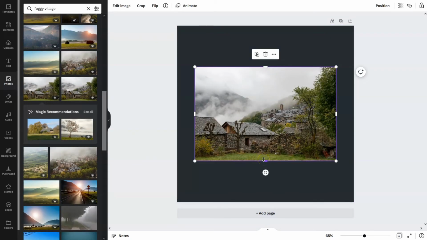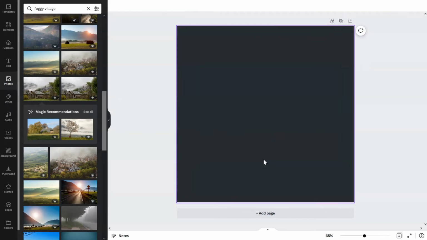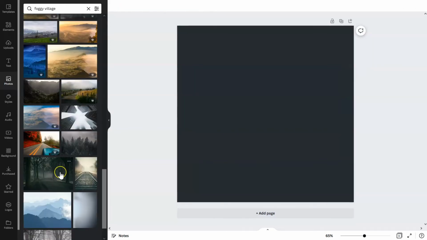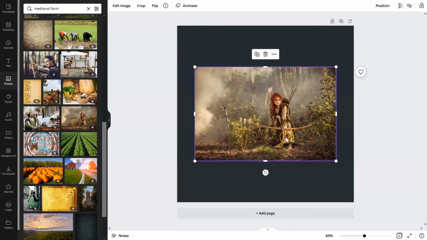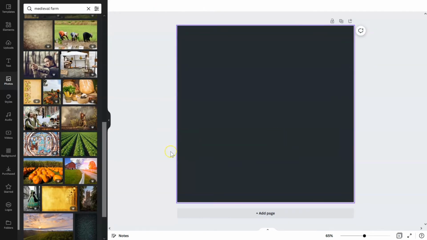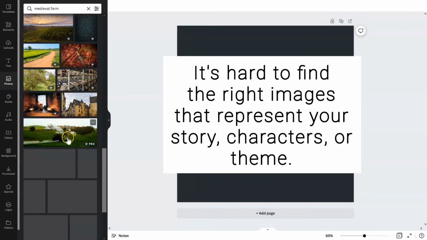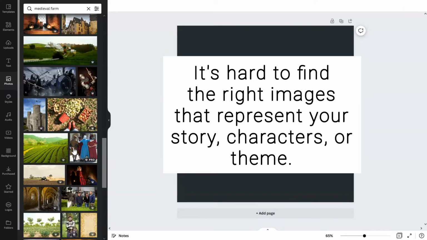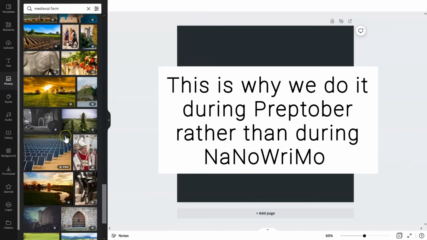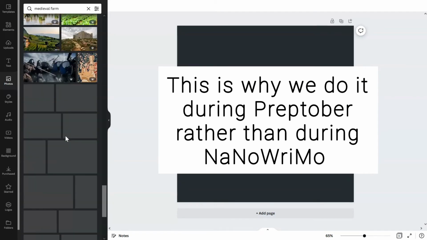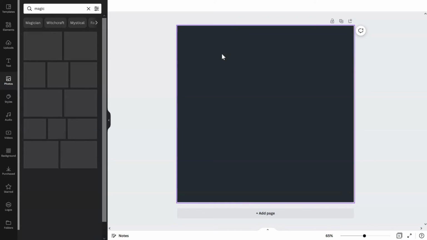Well, they didn't have sunroofs back in the day. Magic.